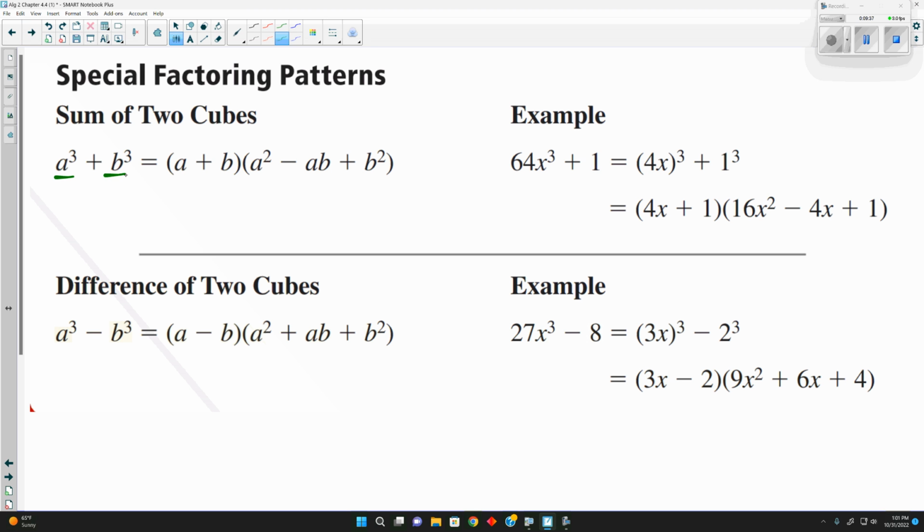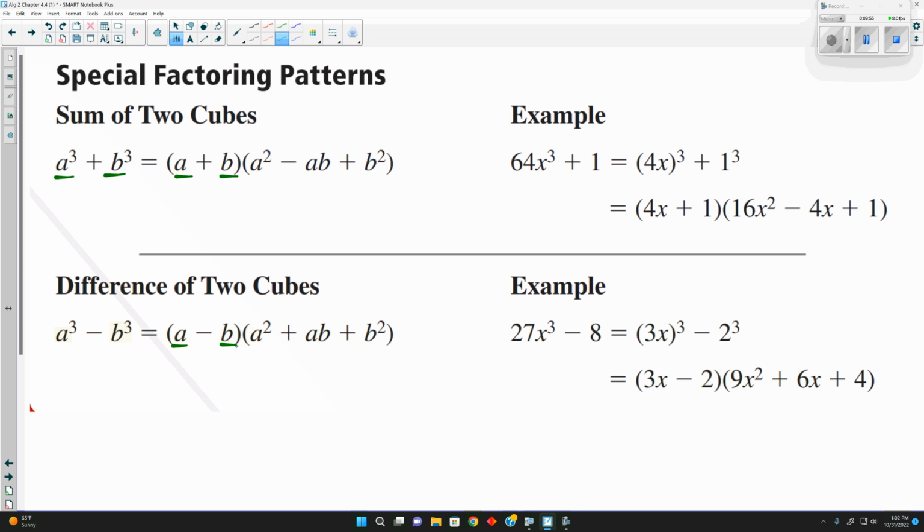One is whenever we have 2 cubes, 2 numbers or 2 terms that can multiply by themselves 3 times, so we have perfect cubes, we end up with one of these 2 setups. The first parentheses is going to have an a and b by themselves.